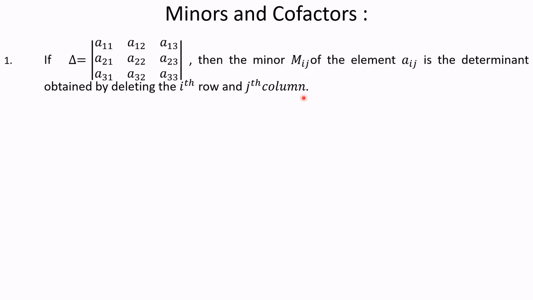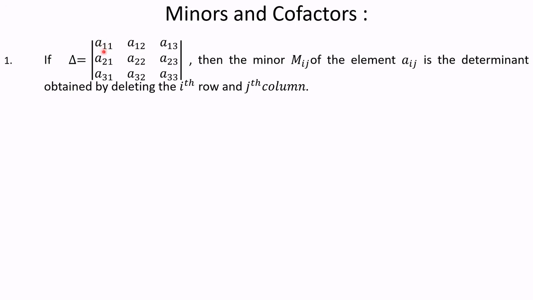Let us take for the first example, we want to know the minor of A11. So the minor of A11 is found by deleting the ith row, that is the first row here, and the jth column, that is the first column.